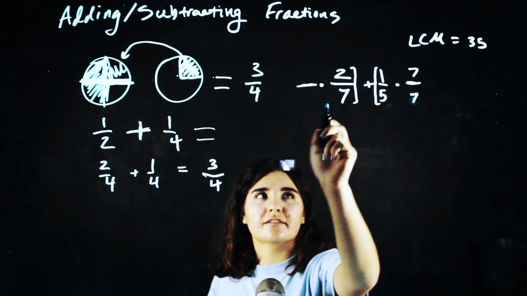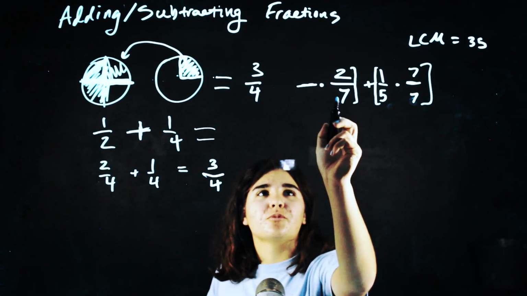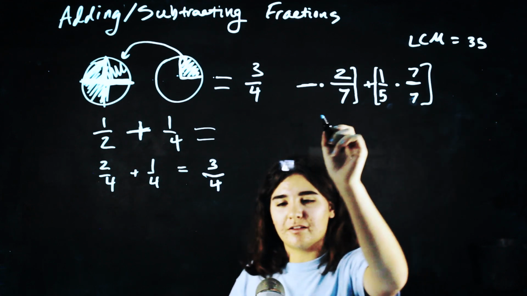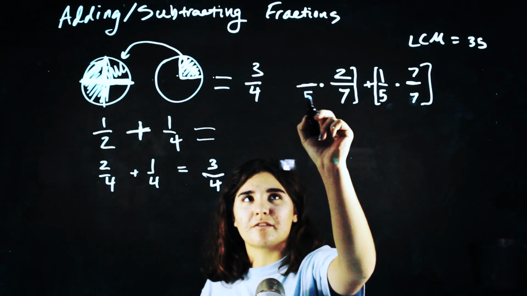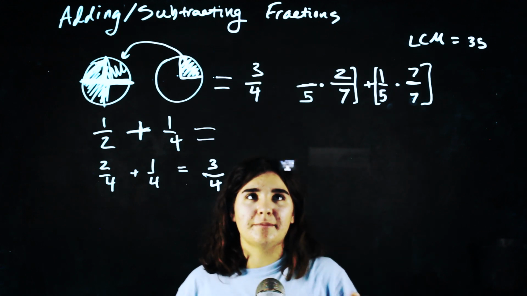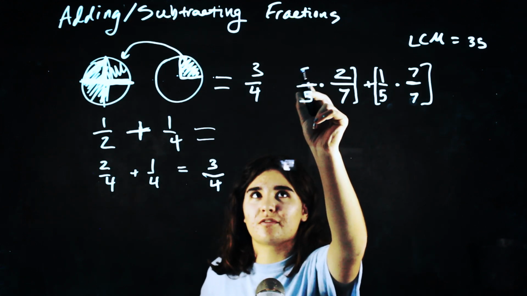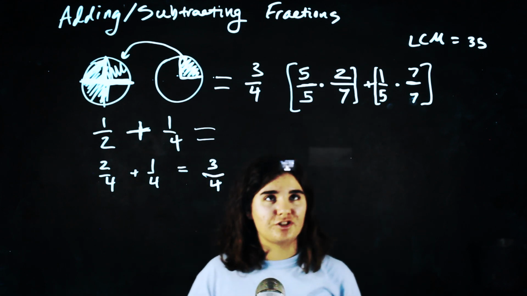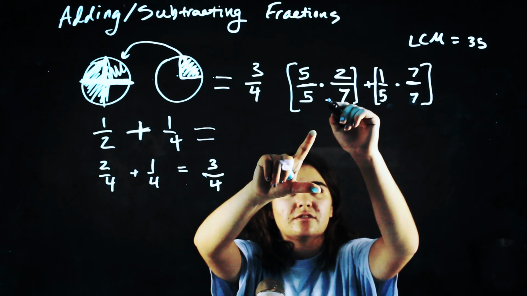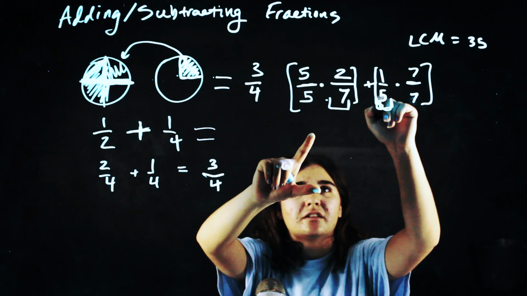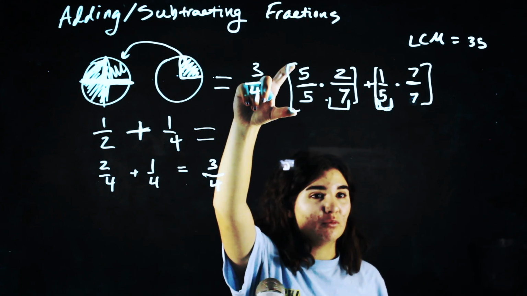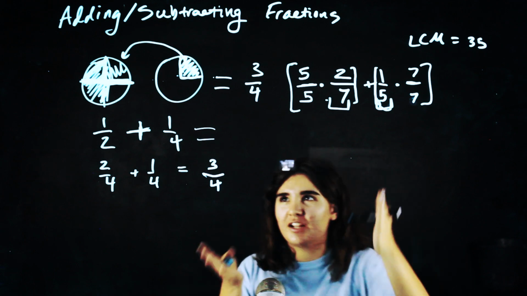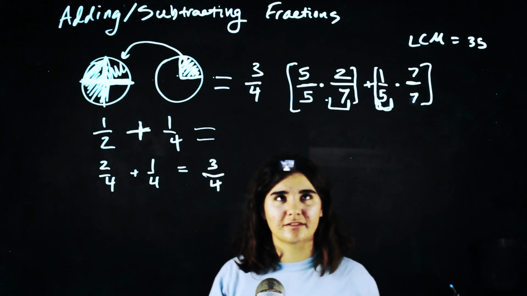And you're going to want to multiply this 7 by something to get to 35, and it's going to be 5, because 5 times 7 is 35. And because we put it on the bottom, we have to multiply it on the top as well. Again, we're not actually changing the values of 2/7 and 1/5. We're just multiplying by 1, just changing how many slices are in the pizza.